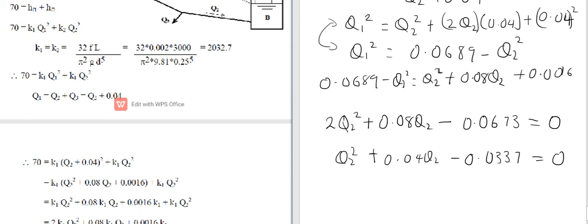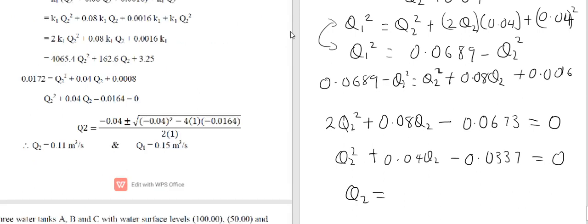So now solving quadratically, that will give us 0.165 or minus 0.205, or minus 0.025.